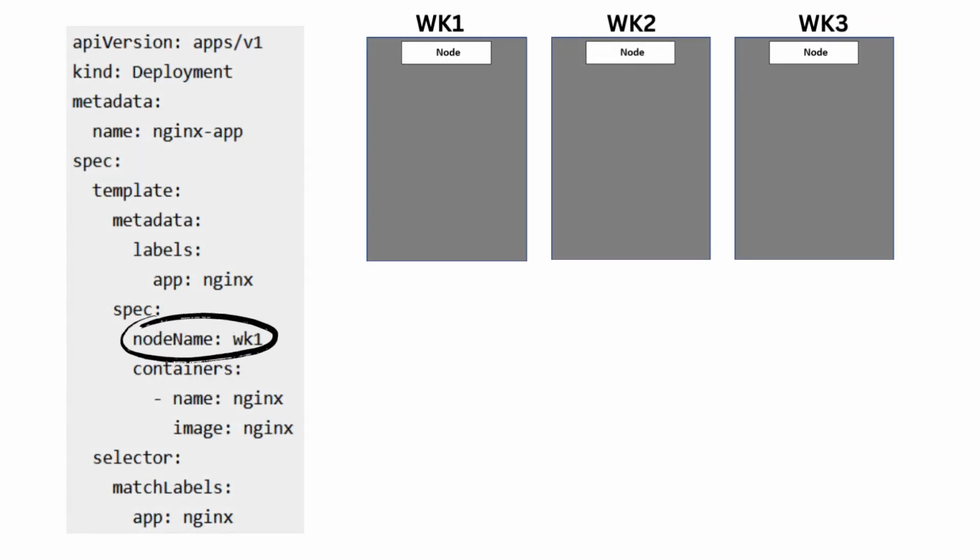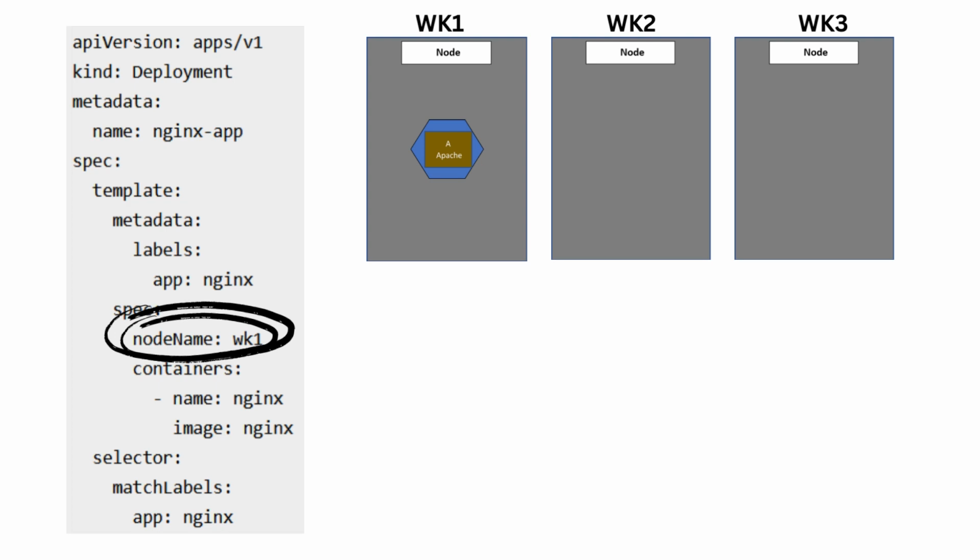Say worker node 1, worker node 2, and worker node 3 have host names such as WK1, WK2, and WK3. You can schedule a pod to WK1 by using the node name field.